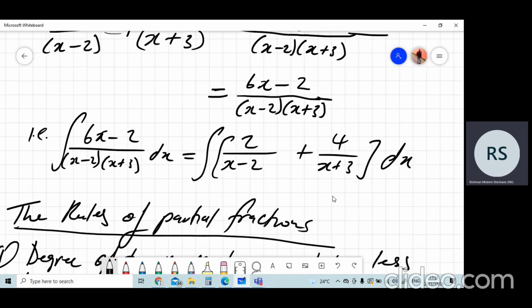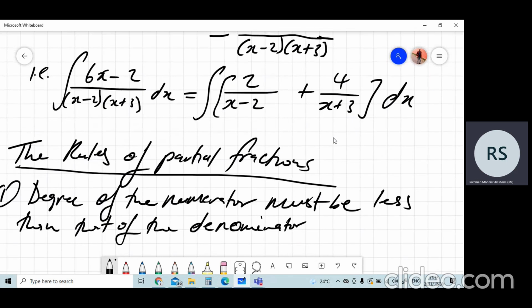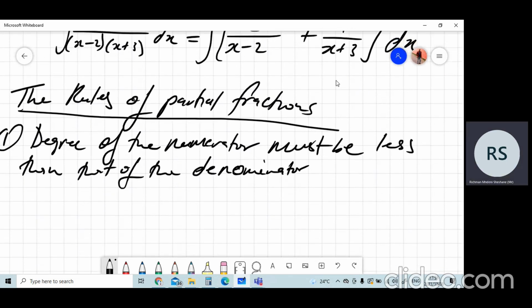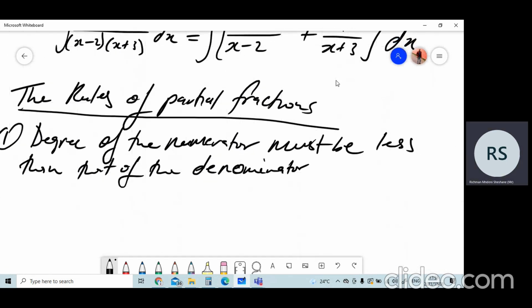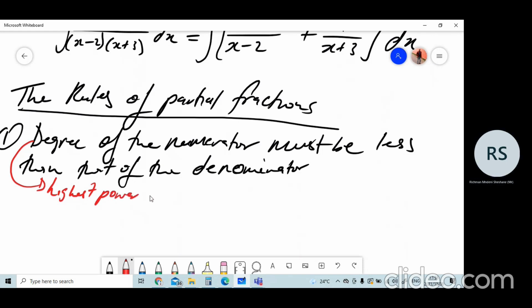So you always check the degree, the highest power of x.